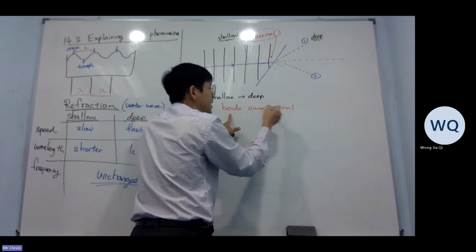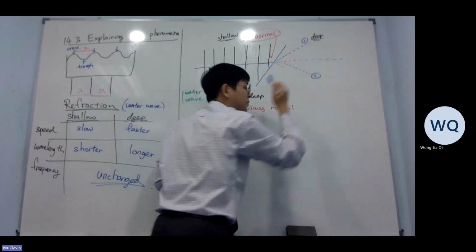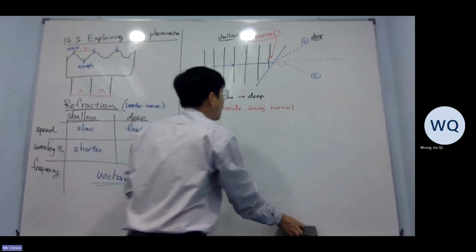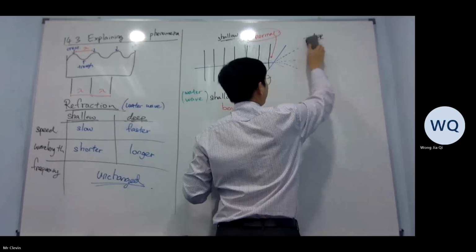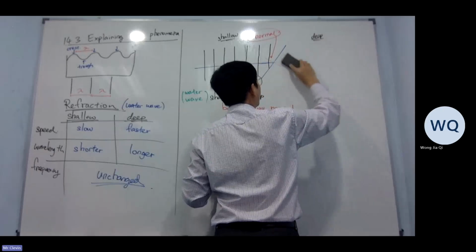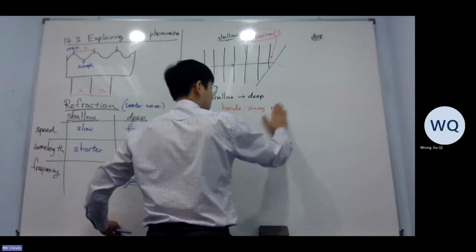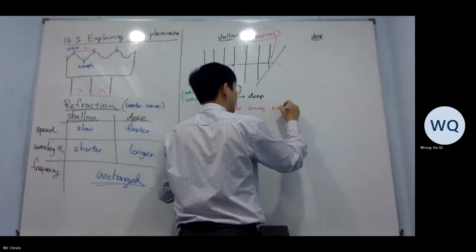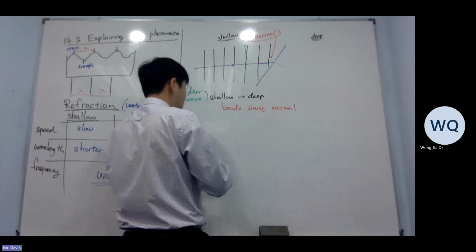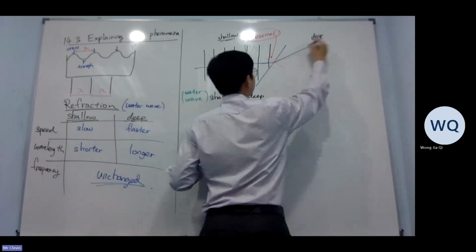Whenever it's bend away from the normal, should I go for number one or number two? Yes. Therefore, the proper direction of the wave will go away from the normal. Therefore, your direction of wave is going this direction.